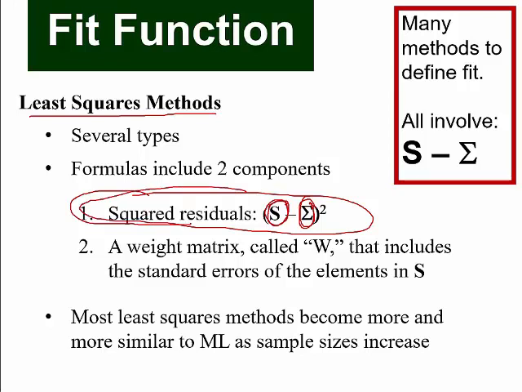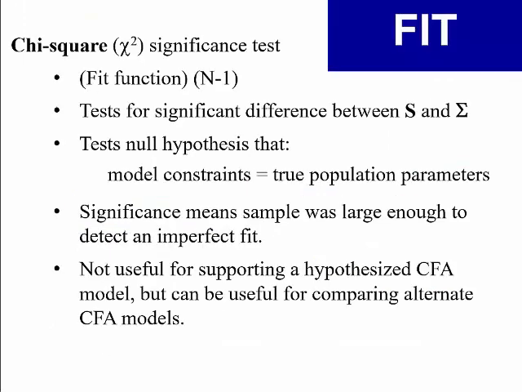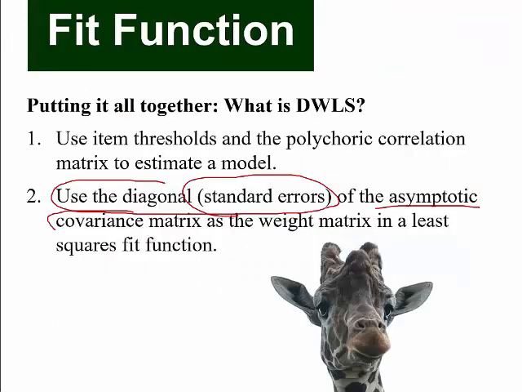If a residual is based on a correlation that we can estimate with high precision, then that residual will be given more weight. If a residual is based on a correlation that we estimate with poor precision, that will be given less weight. So we want to weight these residuals by this W matrix. And this W matrix, our weight matrix, is going to be based on our asymptotic covariance matrix that we just talked about a moment ago.